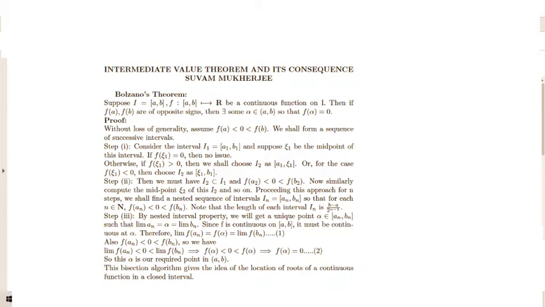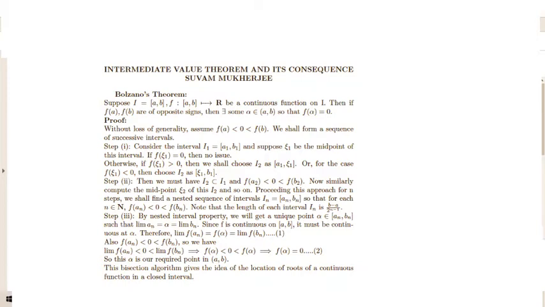If we choose 2 points a and b, then in the next step we will compute the midpoint (a plus b) by 2, and we will check whether the functional sign is positive or negative in the prescribed subinterval.